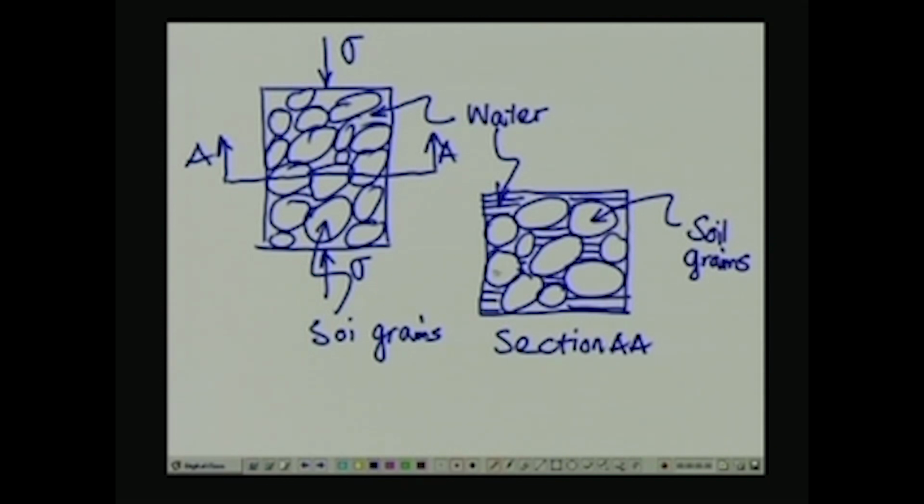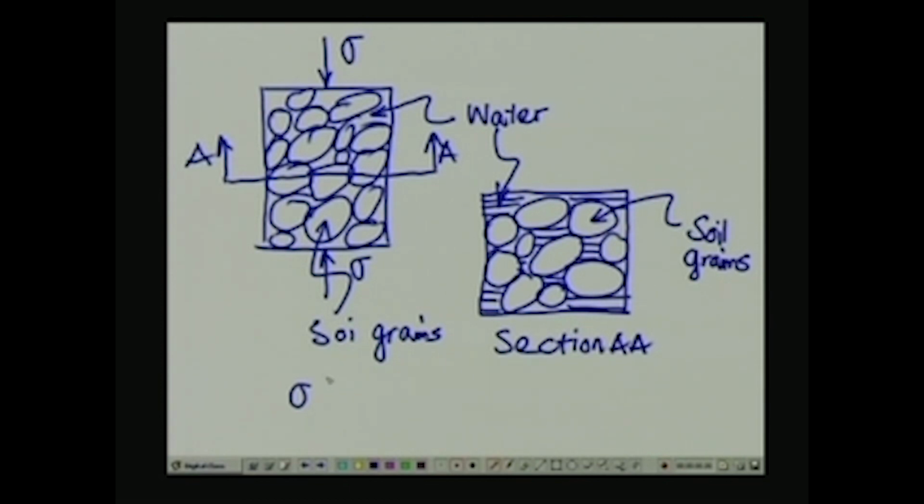Since the intergranular contact is of a very small proportion in comparison with the pore space, with the area under water, then what we could write is, let me write that one.